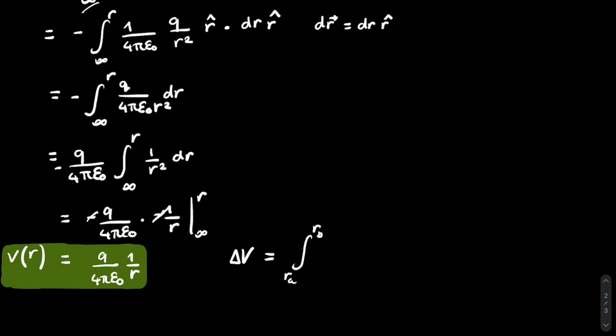You actually do the integral of the electric field over these two fixed points right there. So this is delta V, which is going to be V evaluated at point A minus V evaluated at point B, because of course there's a minus sign there, which I've taken into account.